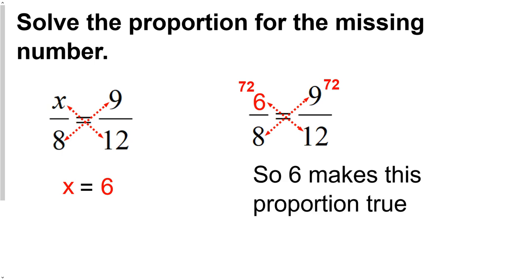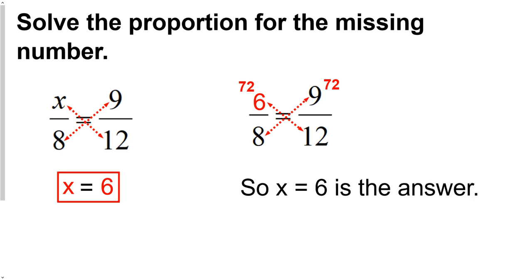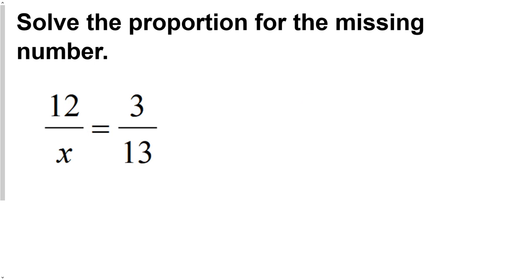So let's go see it a few more times here. 12 times 13 is 156. And 3 times x, or x times 3, we'd write as 3x. So you would drag down this 156 on this side and have it equal to the 3x right here.